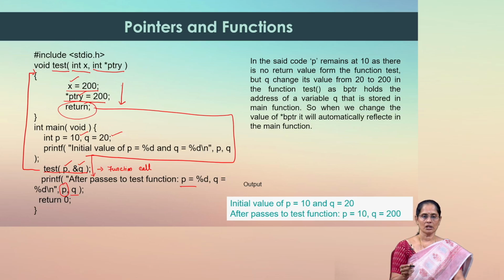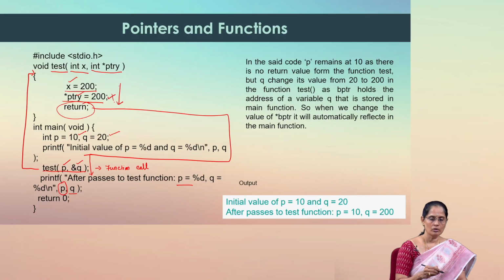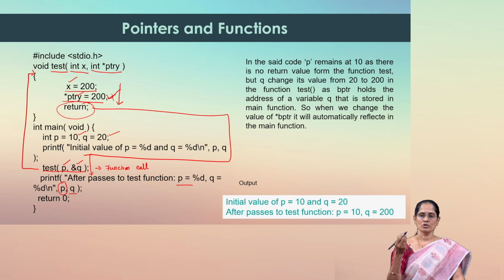However, if you see the value of q, that changes from 20 to 200. The very basic reason is that q is passed as a pointer. Since it is passed as a pointer, the original value that the pointer points to will also be modified if the pointer value is modified. So, here we are modifying the pointer value to be 200. So, even the original value of q will be modified.